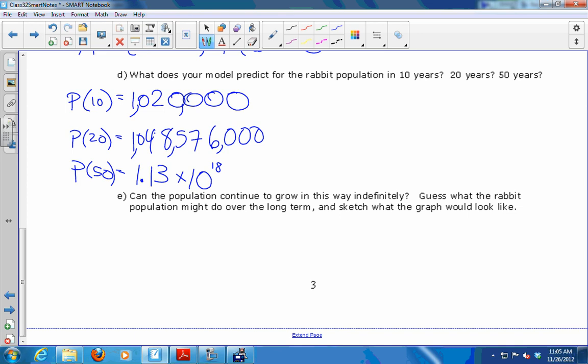There's only so much water and so much food and so much space, right? So in reality, they might start growing like this by doubling every year, because when there's only 1,000 of them, resources are plentiful and they just double away, right? So they might start at 1,000 and just double, double, double, right? But then as resources start to become more scarce, the population's going to level out.